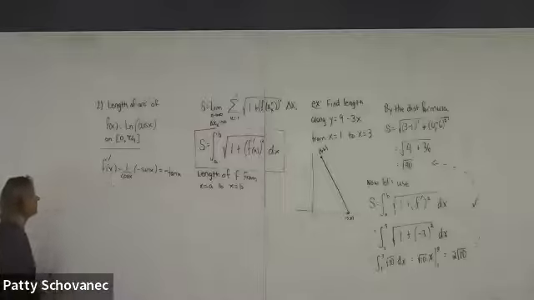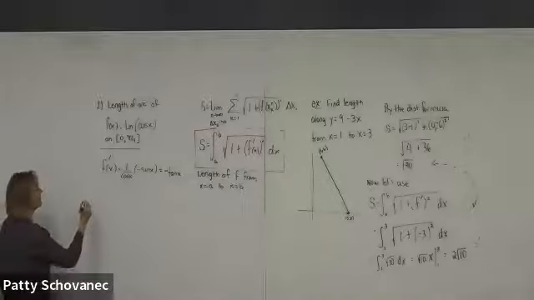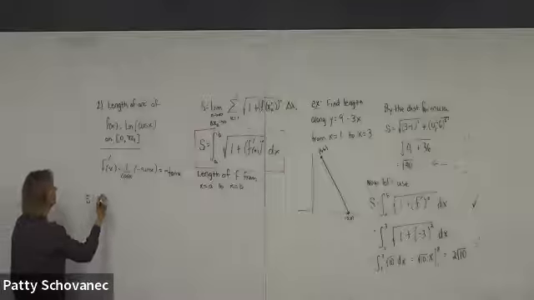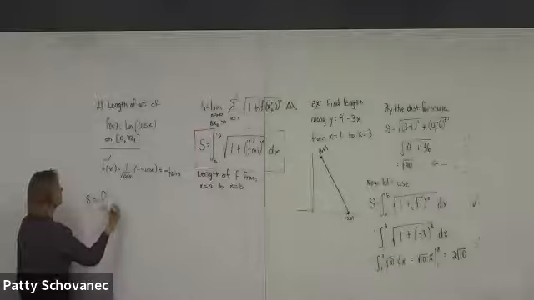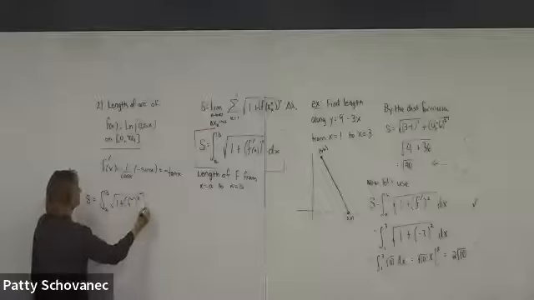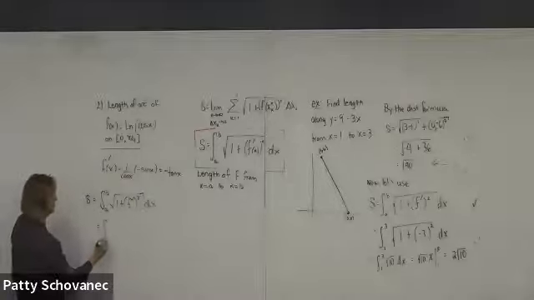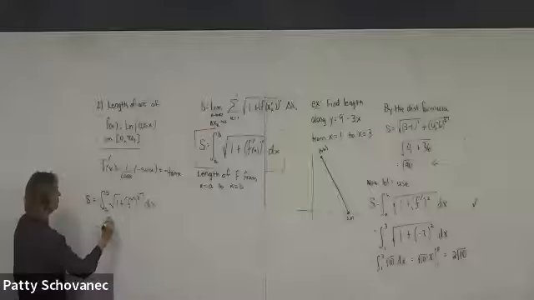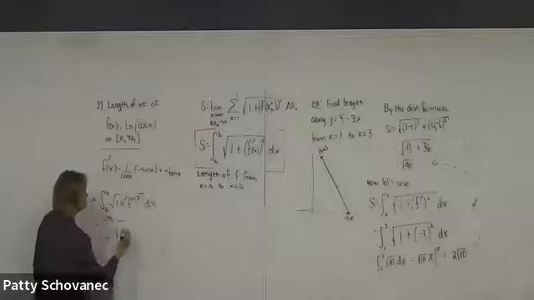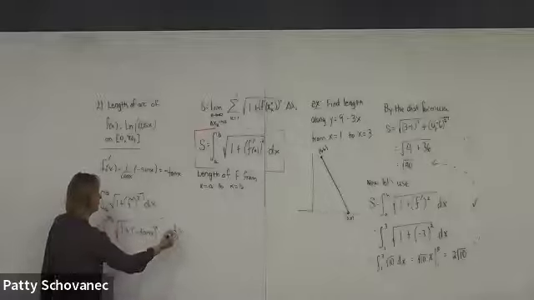Now in our integral, that is squared and added to 1, with the square root out. So our problem is going to look like the integral from 0 to pi over 4, square root of 1 plus a negative tangent of x squared dx.